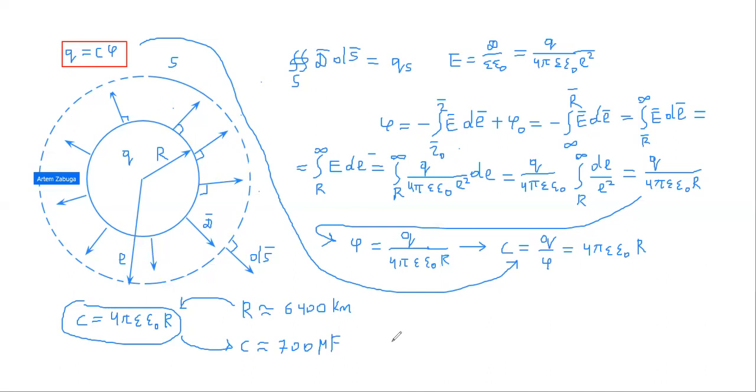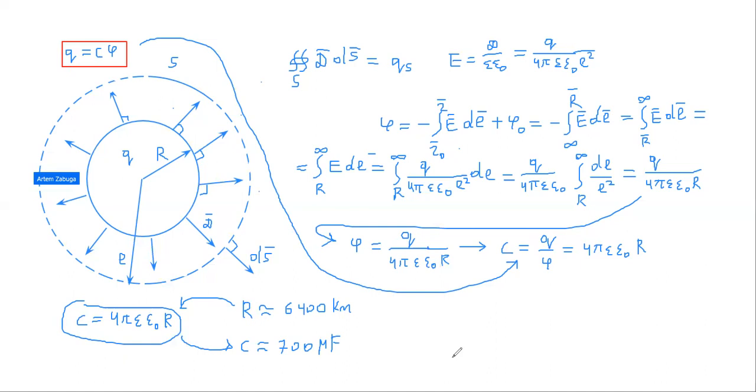This is the first question, and the second question is that the capacitance of a conductor depends on other conductors near it, and it depends on electric charges near it.